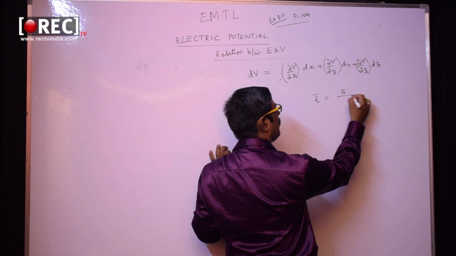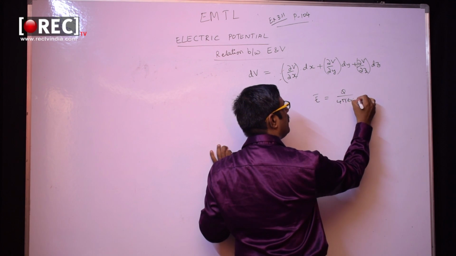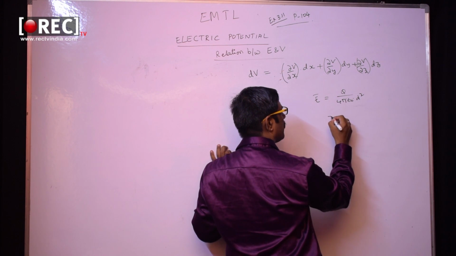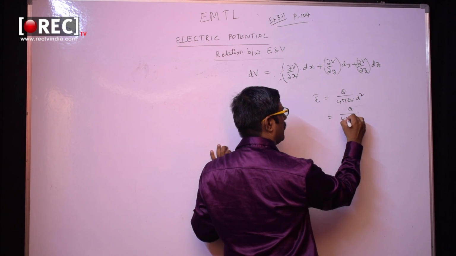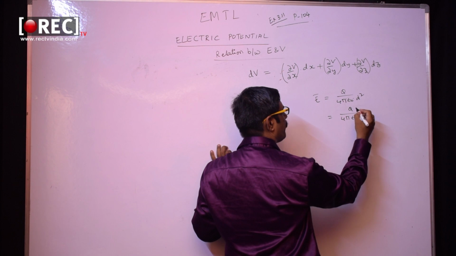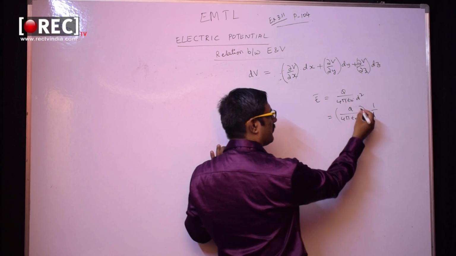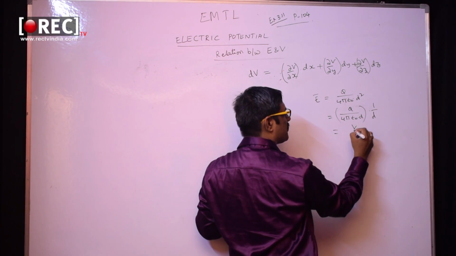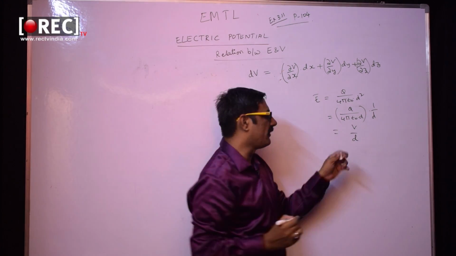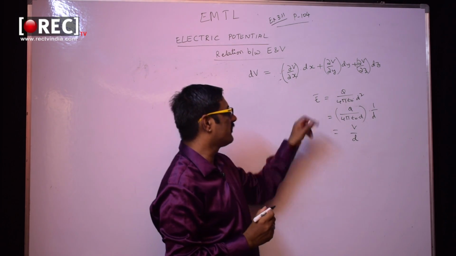E bar is Q by 4 pi epsilon naught d square, and if I write it as Q by 4 pi epsilon naught d into 1 by d, the term in the bracket is V. So potential by distance is always equal to the electric field intensity E bar.